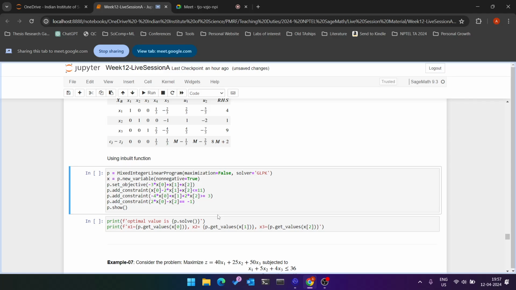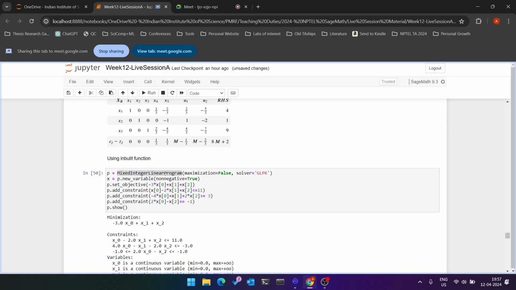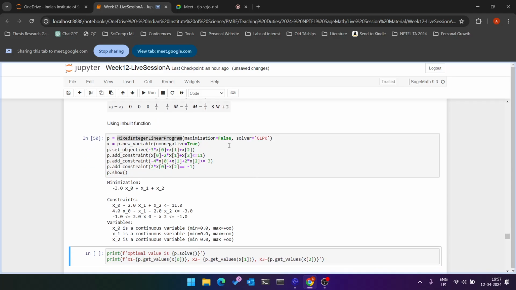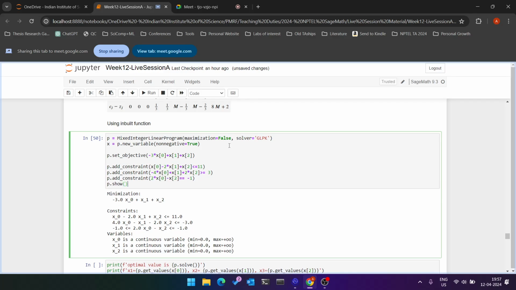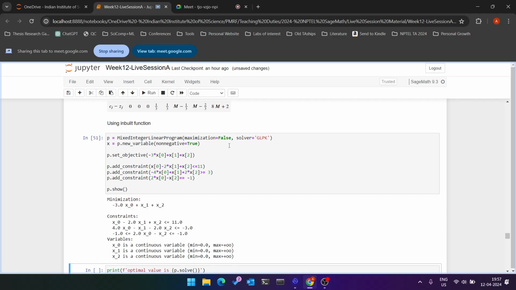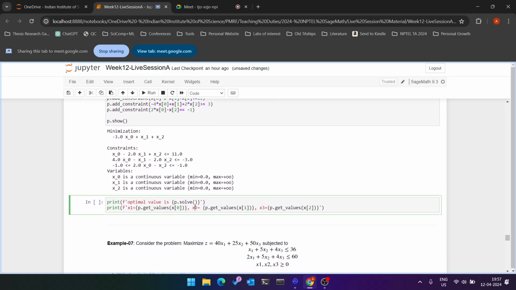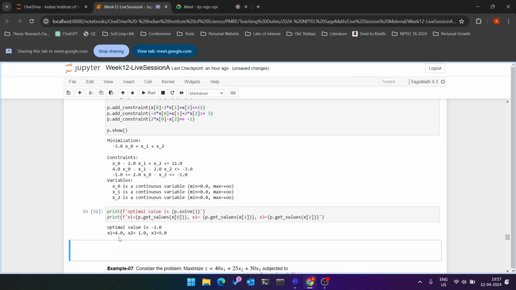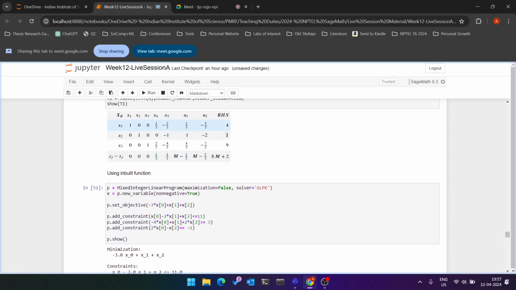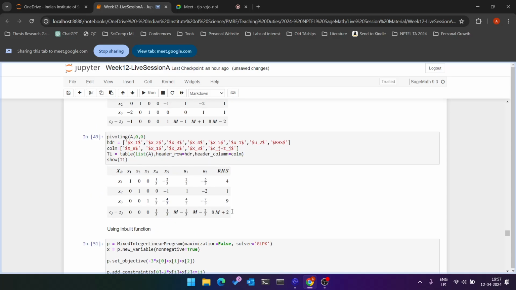If I use the inbuilt function for mixed integer linear programming using the GLPK solver, I set my variables, set my objectives, write down my constraints, and finally show the problem. If I solve it for the optimal value, I get the optimal value as minus 2 and the optimal solution is 4, 1, 9, which is exactly what we obtained here.